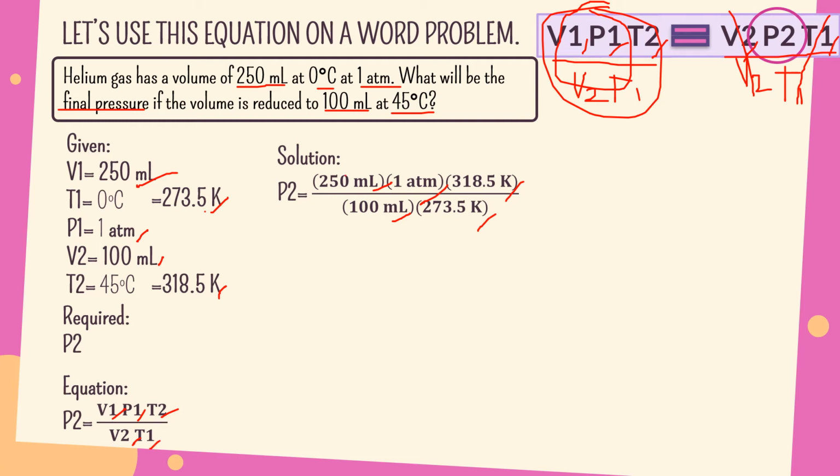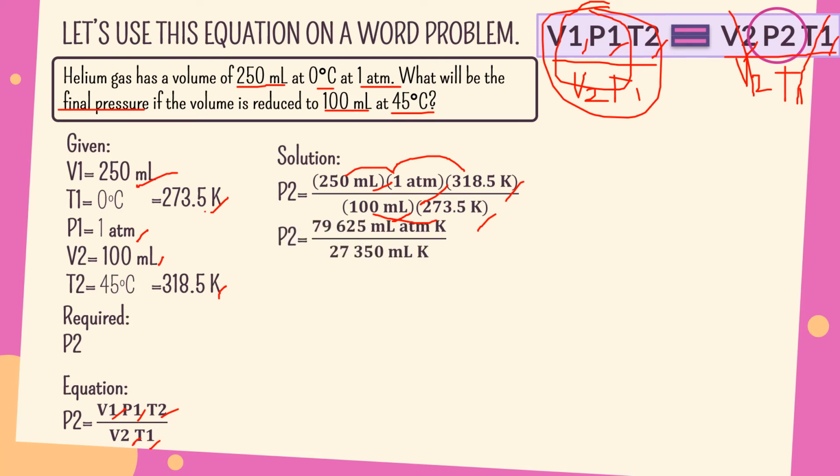So first, get the product of these three, and below, these two. So 250 multiplied by 1 multiplied by 318.5, and below we have 100 multiplied by 273.5, and we will have this one.